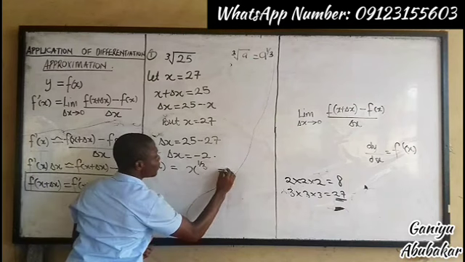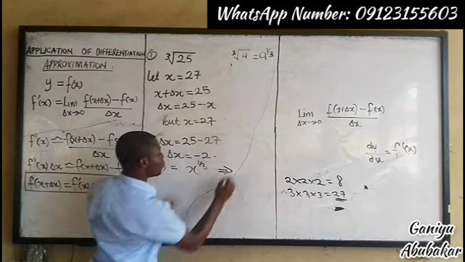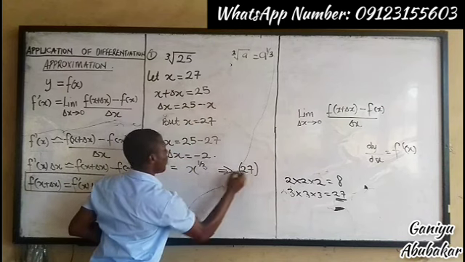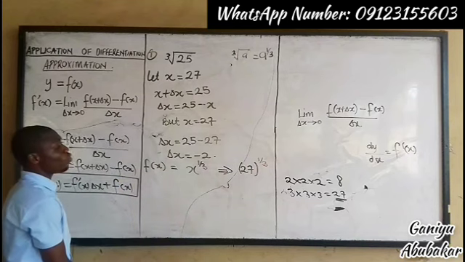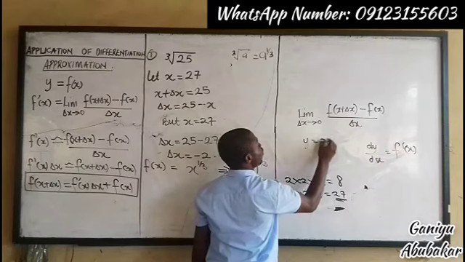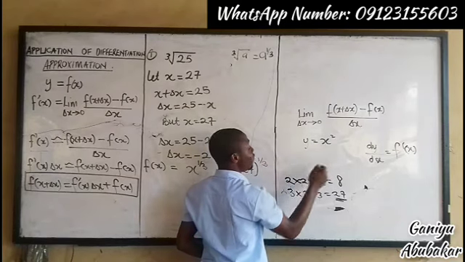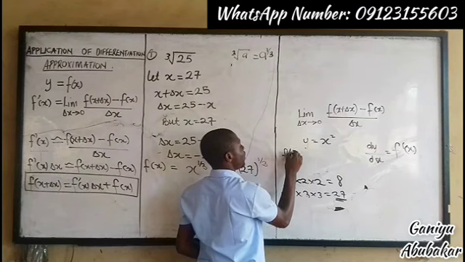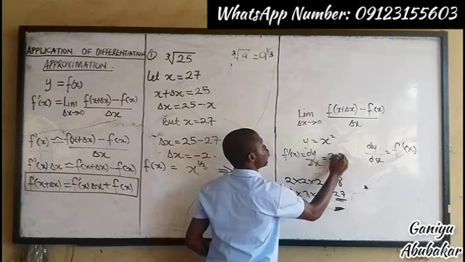So this is saying, what's x? x is 27, so I have 27 all to the power 1 over 3. In other words, if I have y equal to x squared, to find my derivative, dy over dx, which is f prime of x, is equal to 2x.